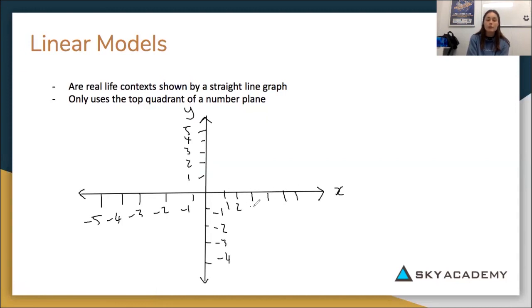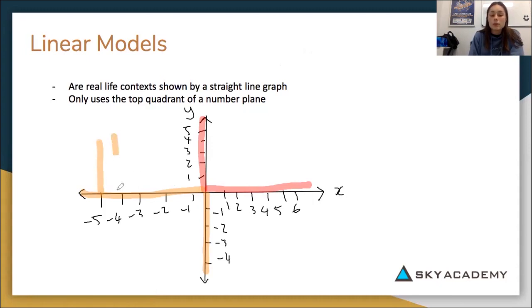So we have positive values in red, and we have negative values in orange. The negative values go into this quadrant. Obviously, if you're trying to put a point here, it would be at -1, 2, so that's negative.